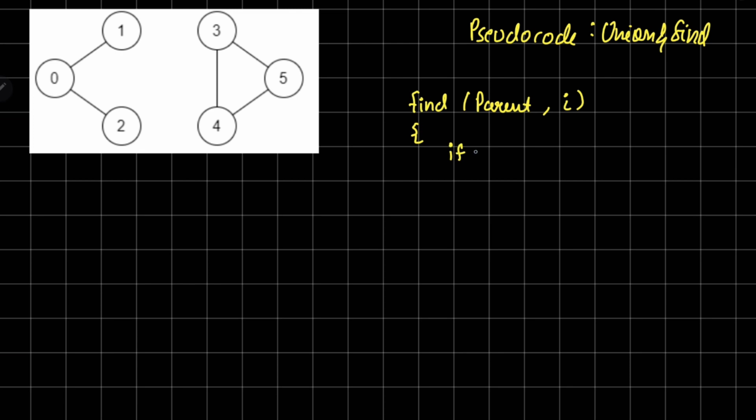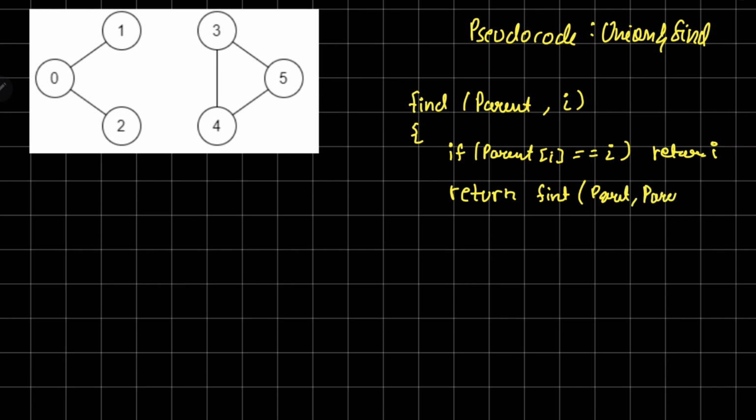If the parent of I is equal to I itself, we will return I. Else, if this condition is false, then we will make a recursive call by returning find of the parent array, as it is, and the parent of I.